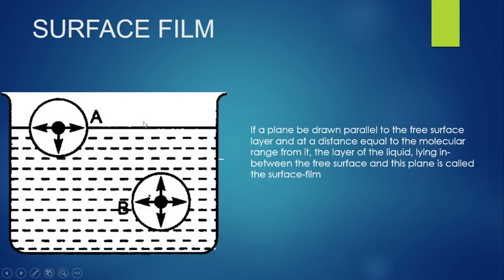So the surface film is a layer in between the free surface and the plane at a distance equal to the molecular range. This layer is called the surface film. I hope you understand the point.